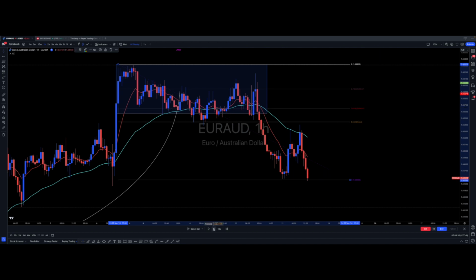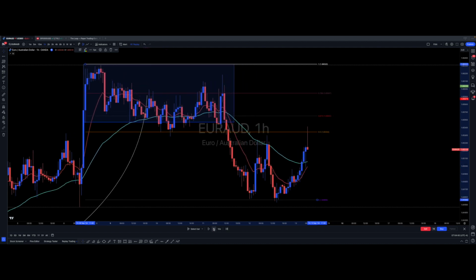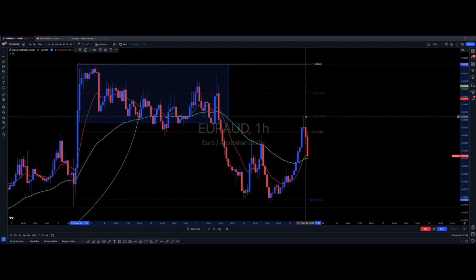As we start to play this out, I just want you to notice what happens. You could see the pullback went right to 618. It also went to the 50, right?